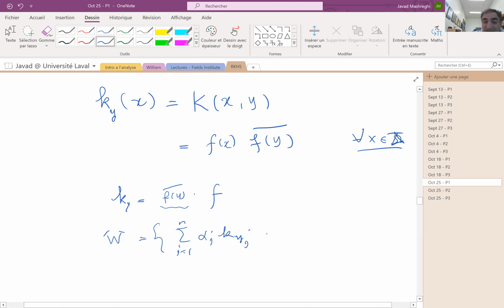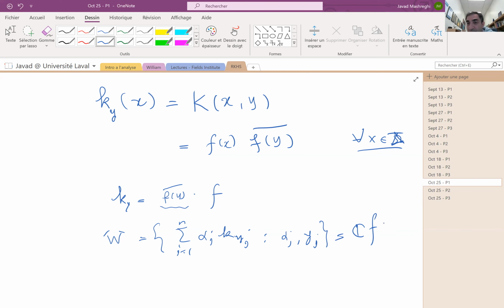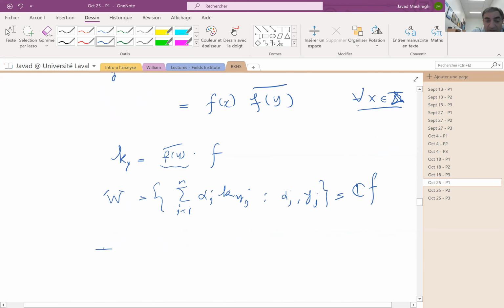So at the end of the day, when you consider all different y_j and alpha_j, you obtain nothing but c times f. And c times f is already closed. So the space is precisely this one. It's one-dimensional. So H of this kernel function is precisely cf.